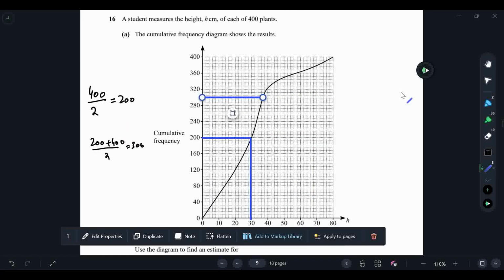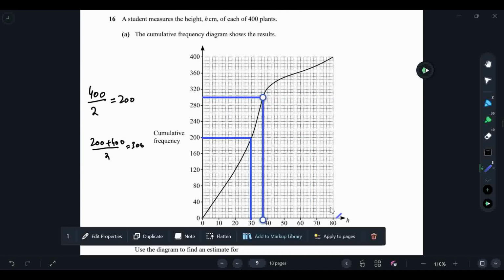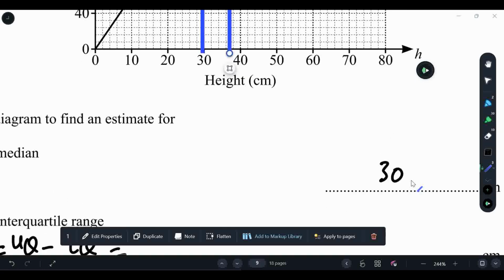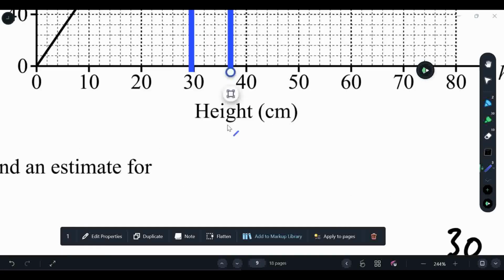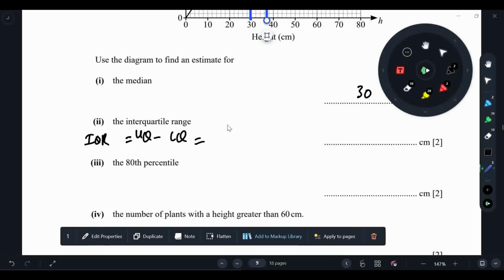If we draw a straight line, we can see that the upper quartile will be almost 38. It is 1.5 boxes away from 40. So this should be equal to 37. So the upper quartile is 37.